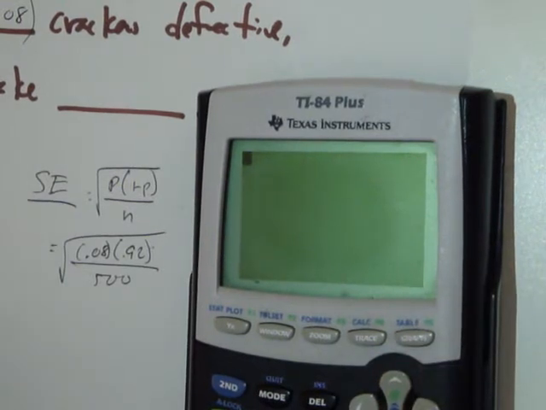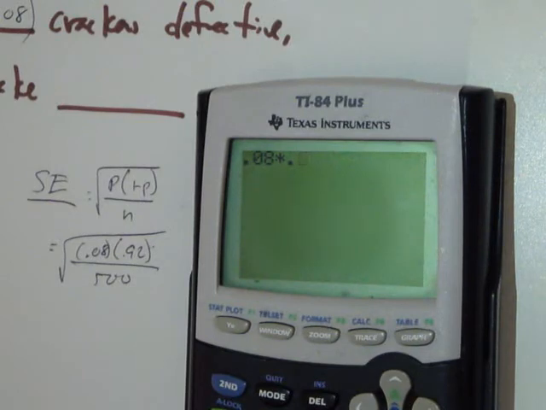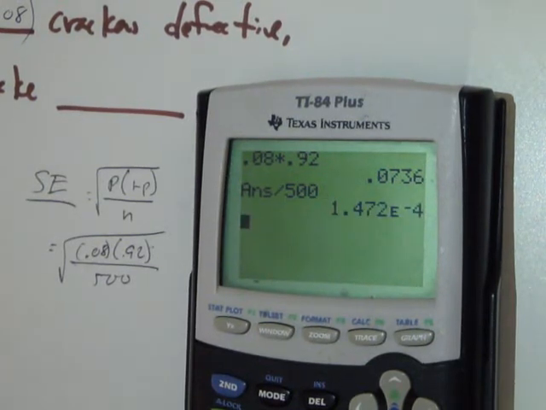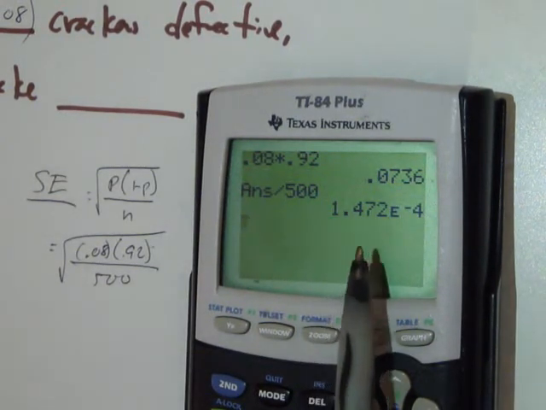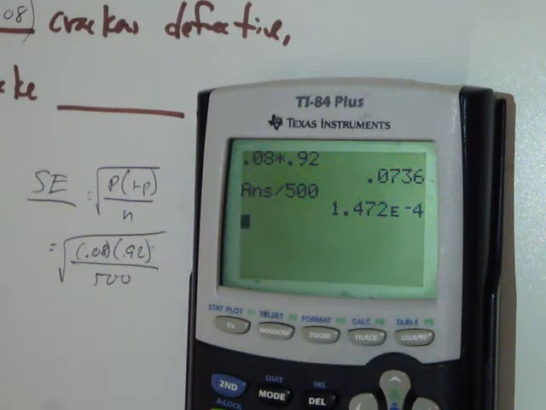So I'm going to do 0.08 times 0.92, sorry, and I get this. Then divided by 500, and I get 1.42 something, e to the minus 4. Remember, that's scientific notation.